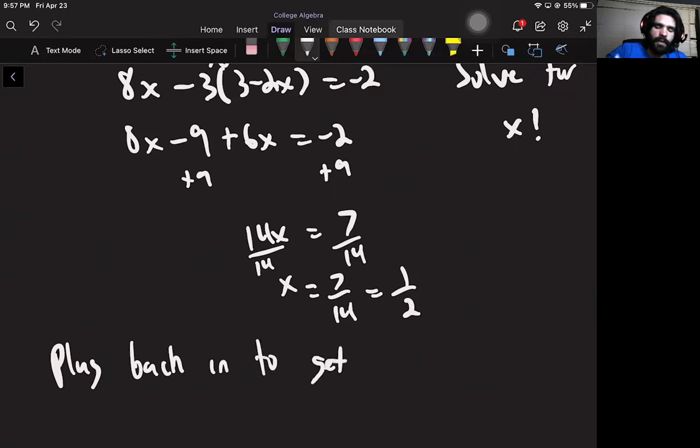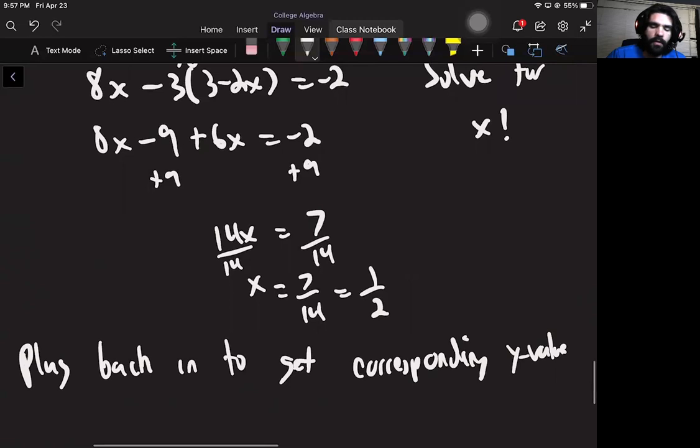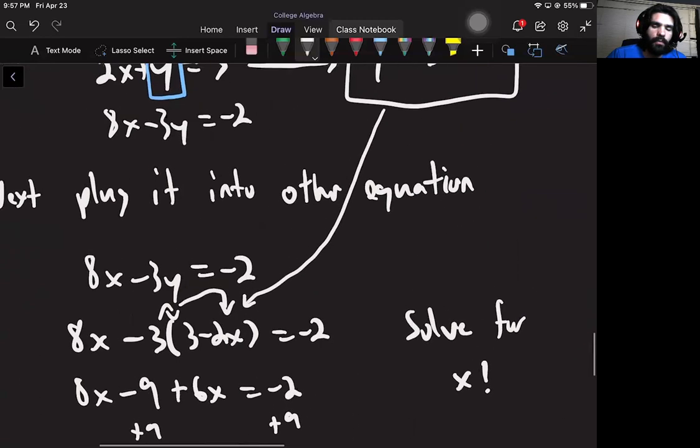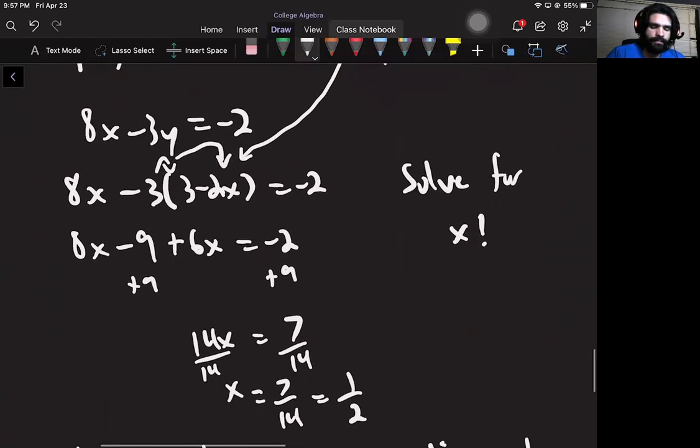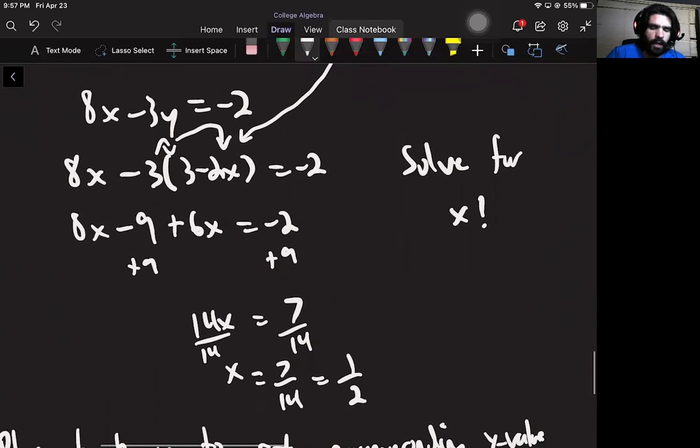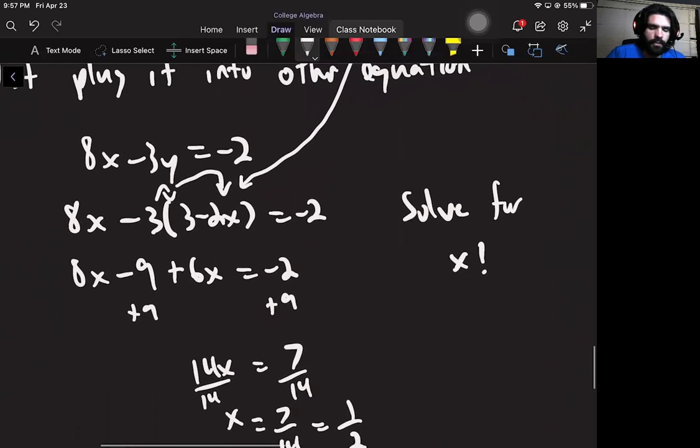So we plug this back in to get a corresponding y value, which solves both equations together. You can choose either equation to plug x back into to solve for y, but again you want to choose wisely.